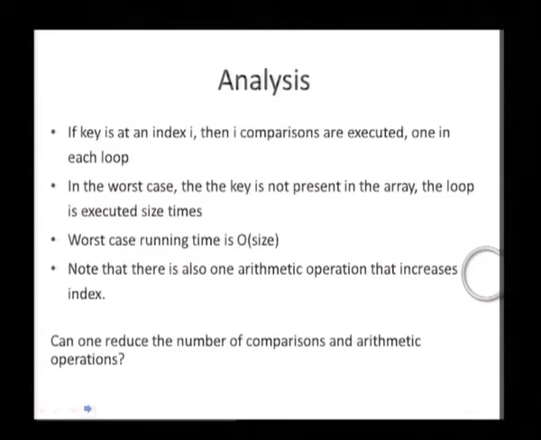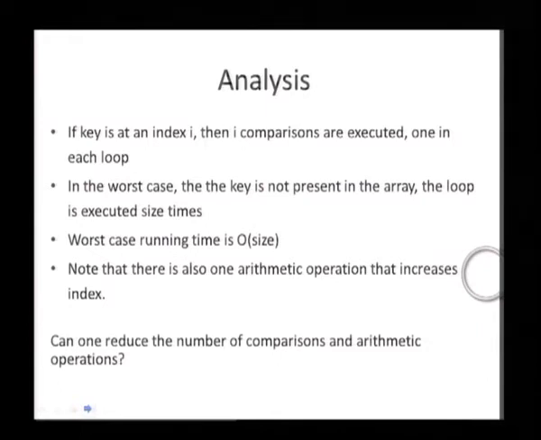In the worst case, if the key is not present in the array, then the loop is executed as many times as the size of the array. Therefore, the worst case running time of this algorithm is order of size of the array.